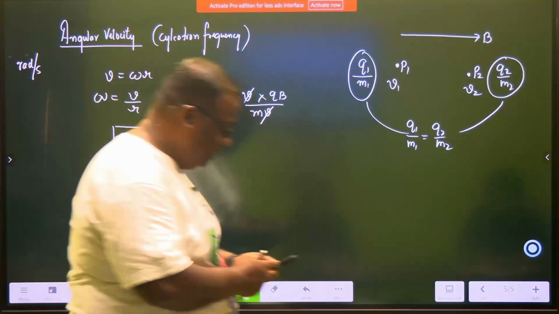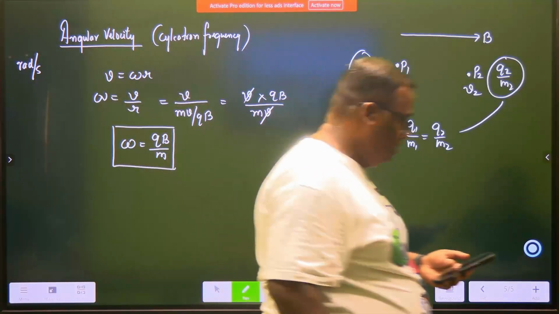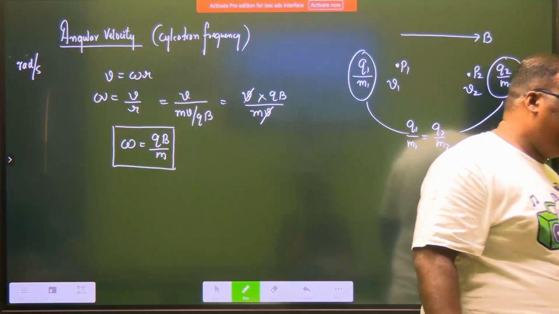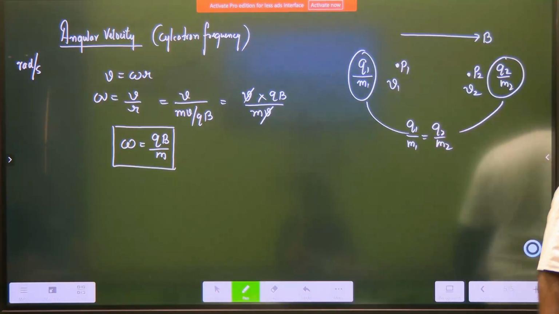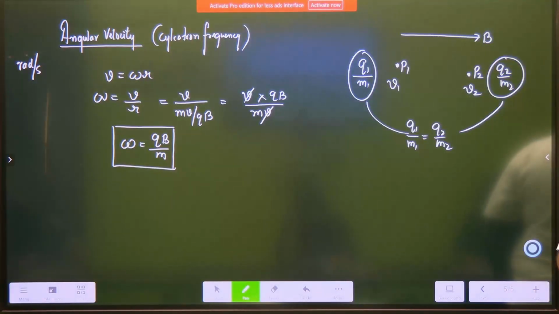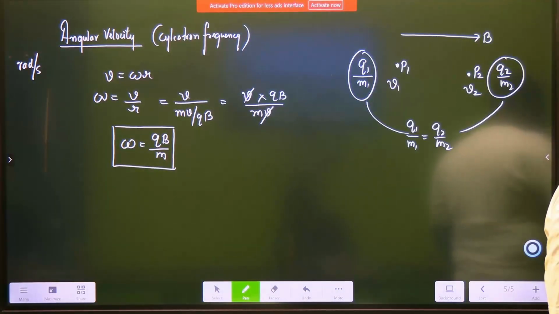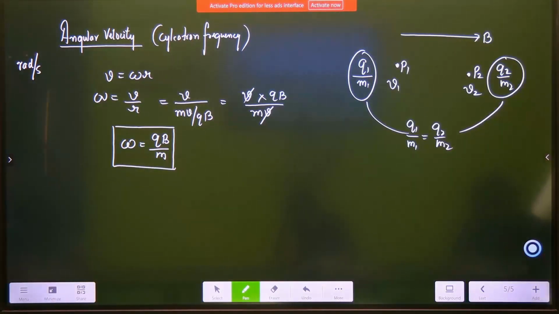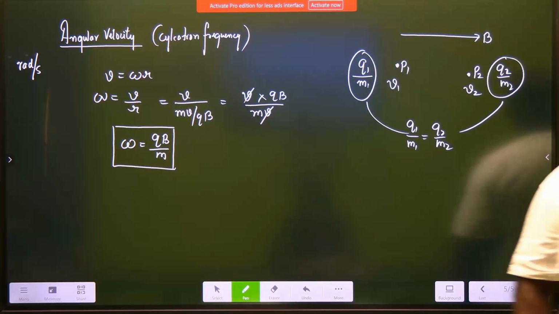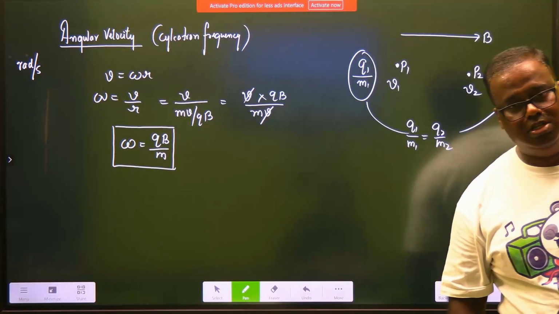So write that explanation: particles with different speed but the same q by m rotate with the same angular frequency in a given magnetic field. Have you understood?